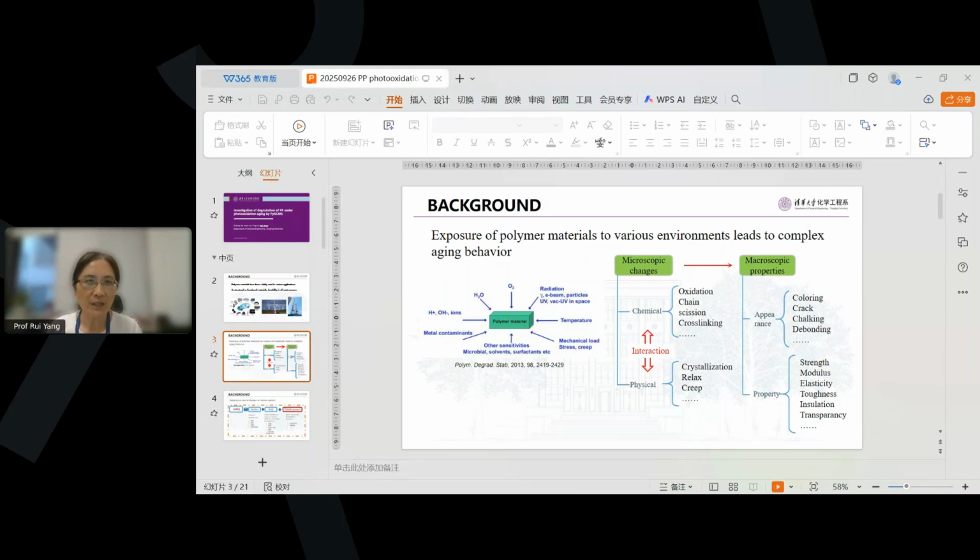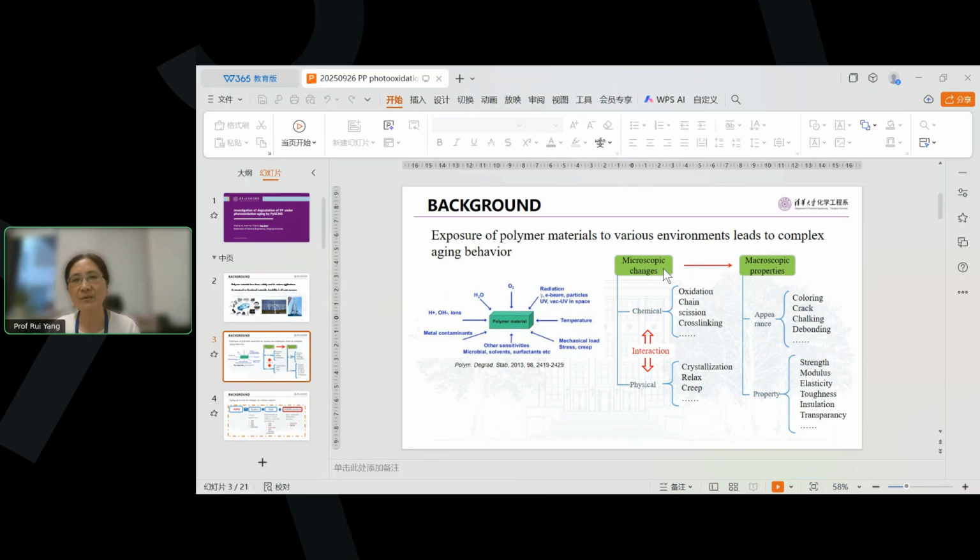The sample is exposed to photo-oxidation aging, with UV irradiance at 40 degrees and relatively low humidity for several days. We have some examples. The first one is commercial PP with antioxidant.